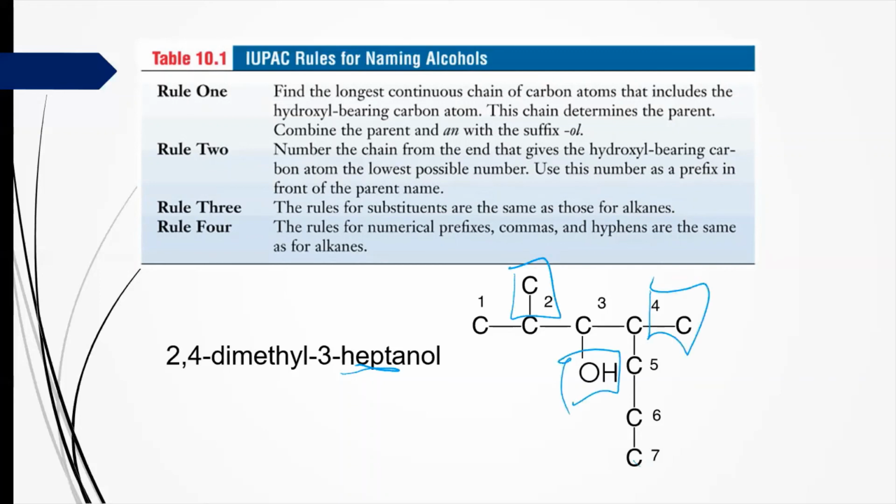And so when we're looking at a numbering, if we go from the bottom up, then our alcohol will become 1, 2, 3, 4, 5. If we go from the left to the right, then it's going to become 3. So that's why we chose this carbon numbering the way it is. And so we can take that hept, add in the alcohol ending, and put the 3 there. So we have 3-heptanol. And then from there, we can add in our 2 methyl groups. So we have 2,4-dimethyl-3-heptanol.